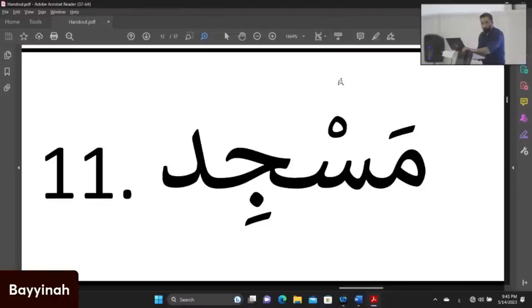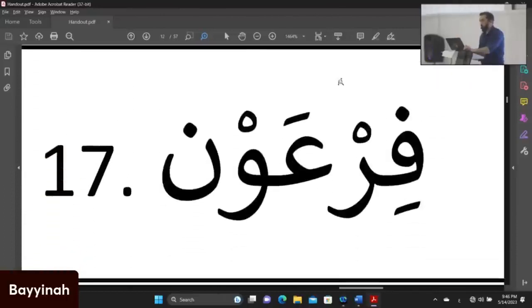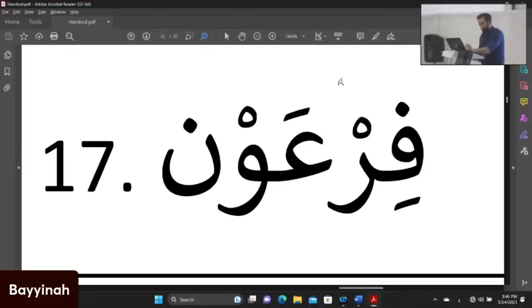Good. Masjidun, masjidan, masjidin. Fir'aun. Partly flexible? Why is he partly flexible? Non-Arab name. So the rafa', nasb and jarr of Fir'aun: Fir'aunu, Fir'auna, Fir'auna.